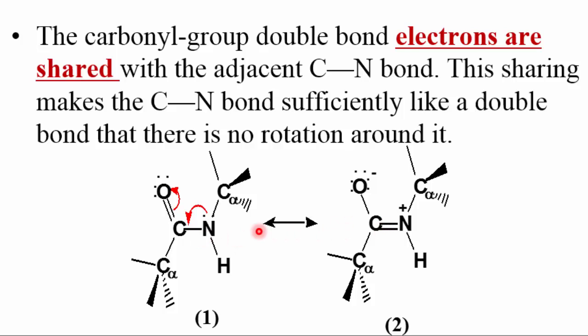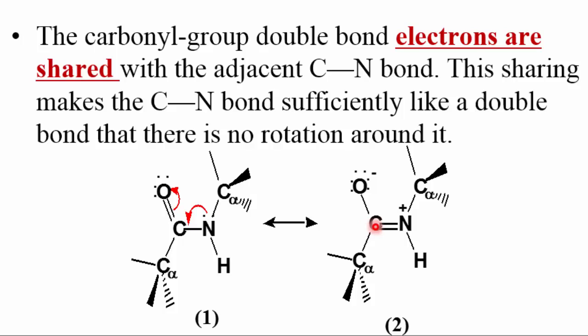This sharing makes the C-N bond sufficiently like a double bond that there is no rotation around it. So this is the peptide bond. This is not a pure single bond, because this lone pair can move here and this double bond can move here to give you positive charge on nitrogen and negative on oxygen. And these are called resonance structures.